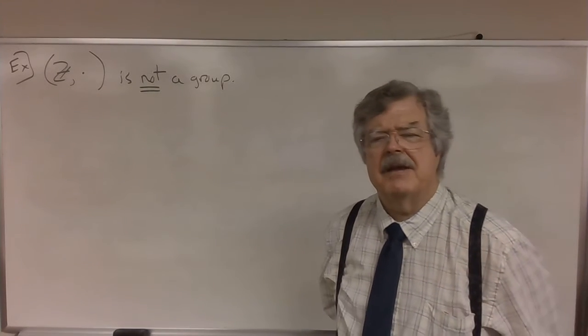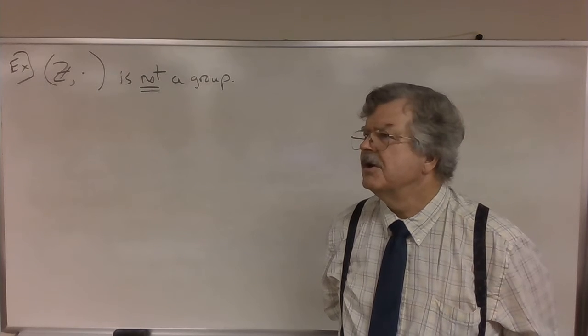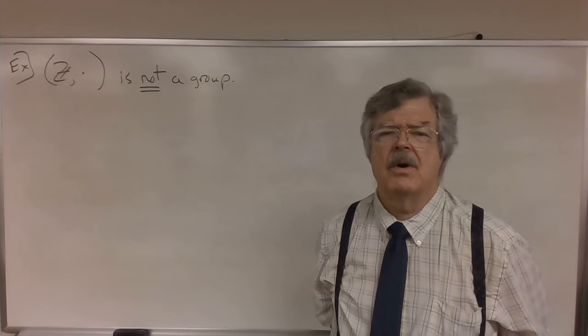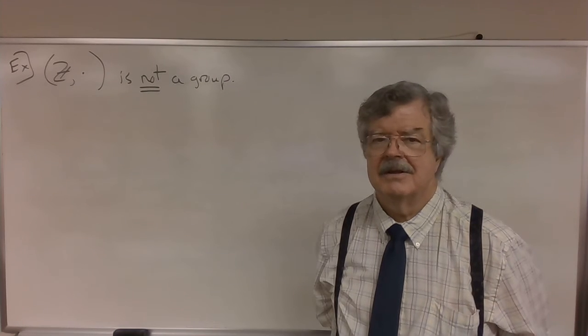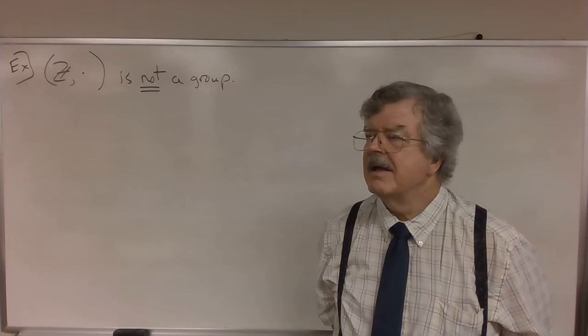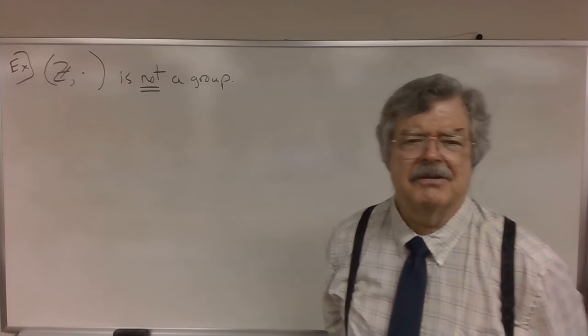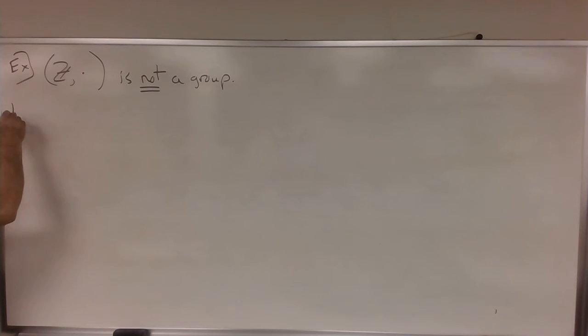Okay, here's an example of something that's not a group, which means that at least one of the group axioms doesn't hold. But which one is it? Do you have an idea? Let's go down the list. First one is multiplication closed on the integers.